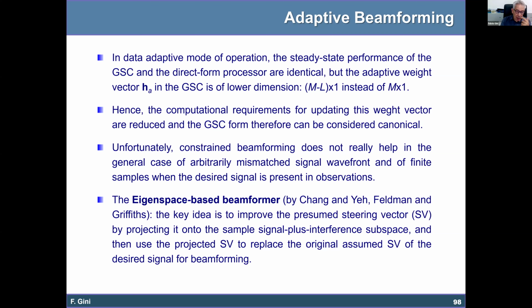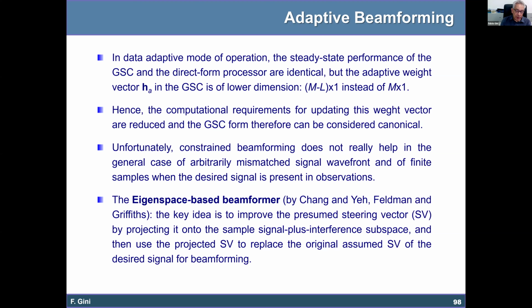And I introduced the concept of generalized side lobe canceller, which is the canonical architecture that is implemented for the linearly constrained minimum variance beamformer. I repeat, it is not a different beamformer. It is just an efficient way to implement the linearly constrained minimum variance beamformer.